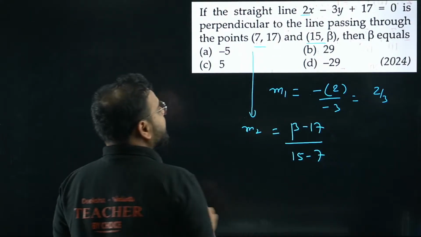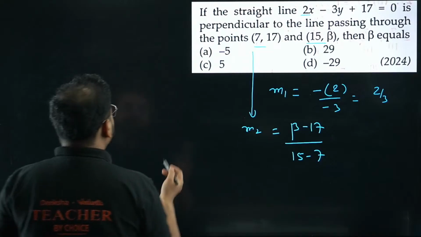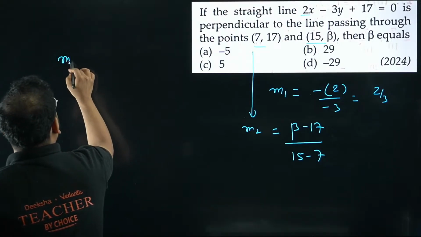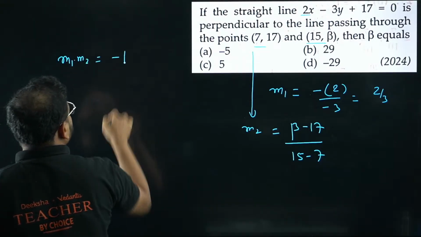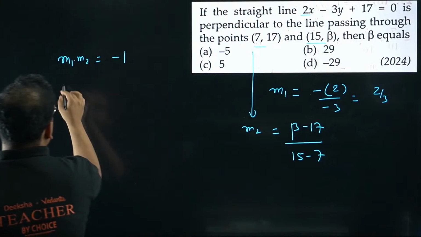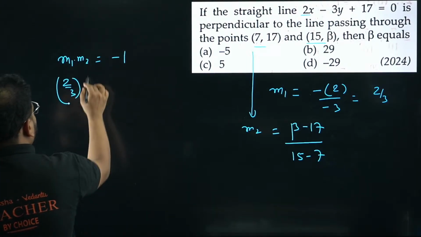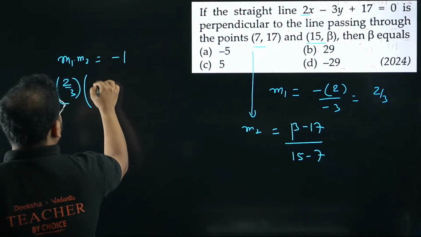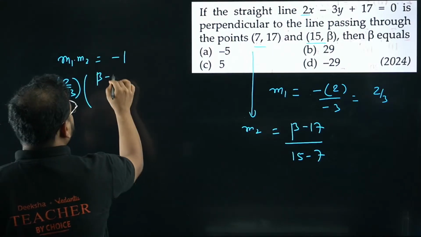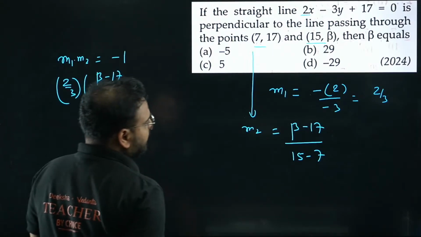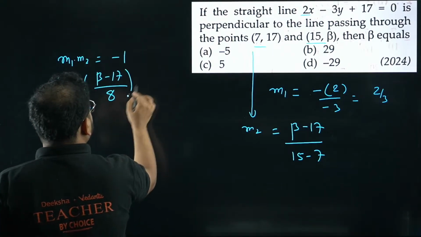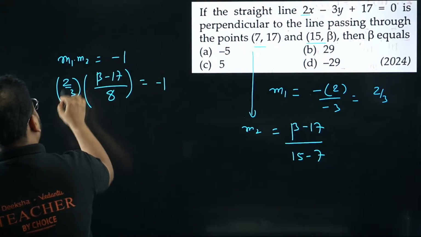And we know that they are perpendicular, right? It means the product of slopes has to be equal to minus 1. m1 times m2 should be equal to minus 1. So we have 2 by 3 times (b minus 17) upon 8 should be minus 1. So 2 times 4 is 8.